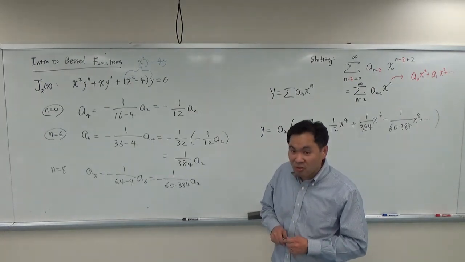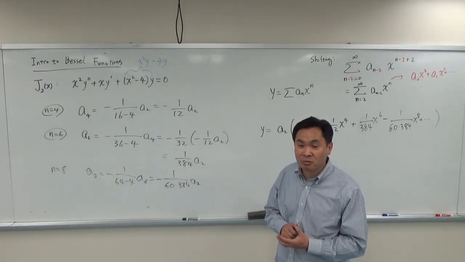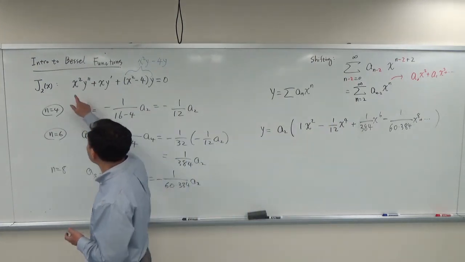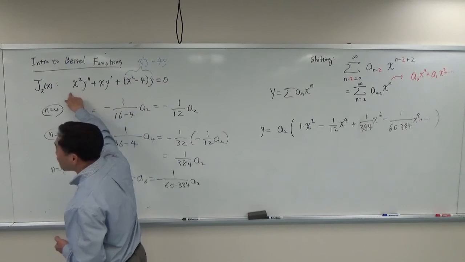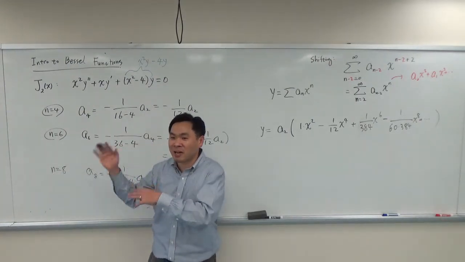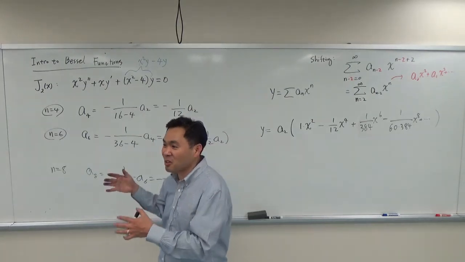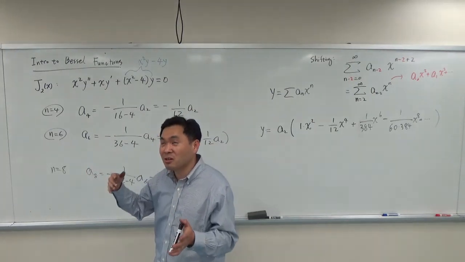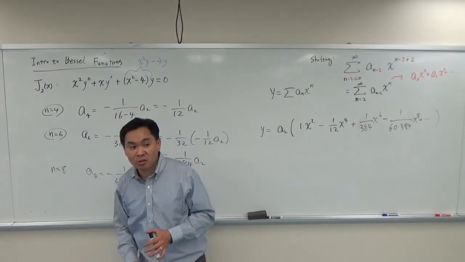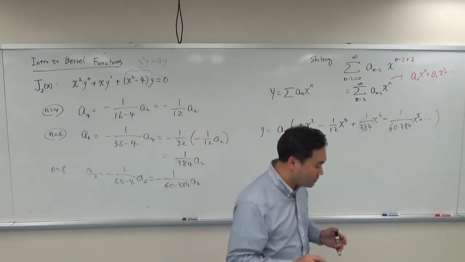Often, if you have singularities, there's no guarantee of solutions. However, this is what's called a regular singularity. There's also the irregular singularity, which is the really bad one. In such a case, you might not be able to find a solution. But if it's the regular singularity, which this is, then you can find two solutions.